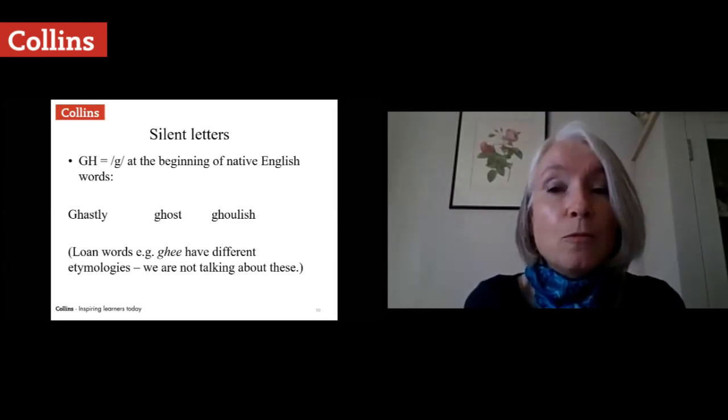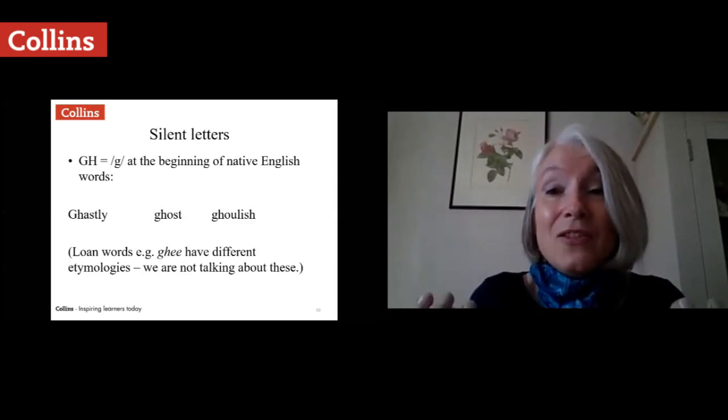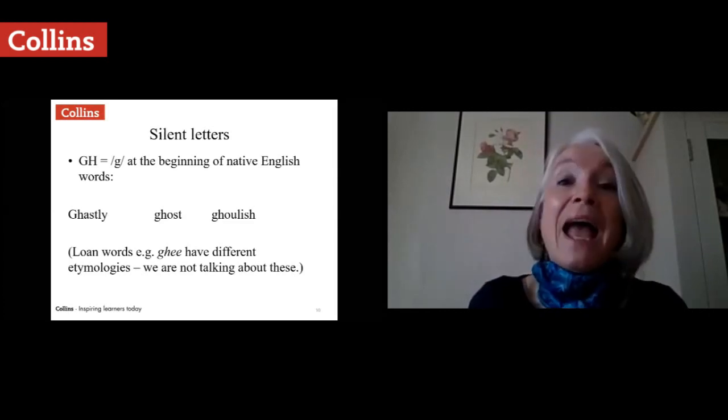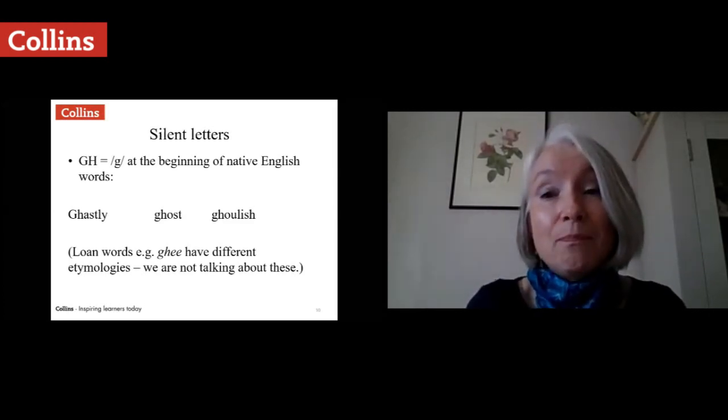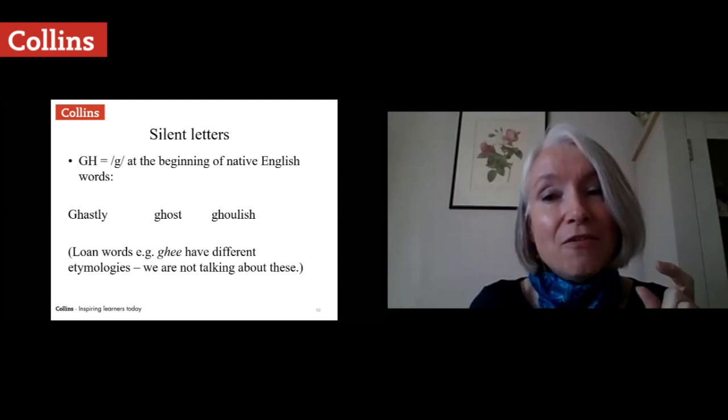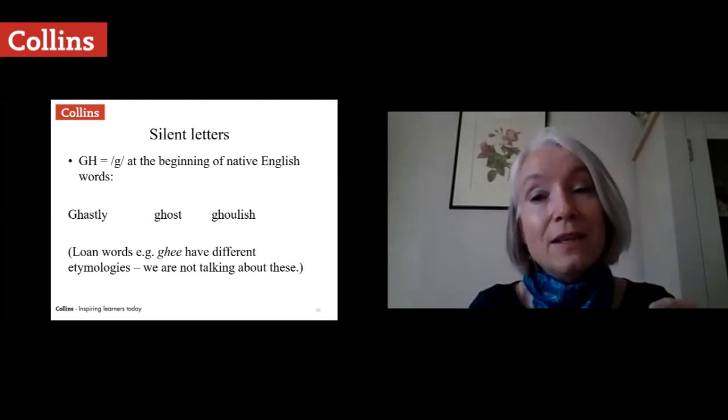So the spelling reformers added those H's to try and make the appearance of the words somehow reflect the meaning of the words. So that is a very different phenomenon to GH at the end of words.